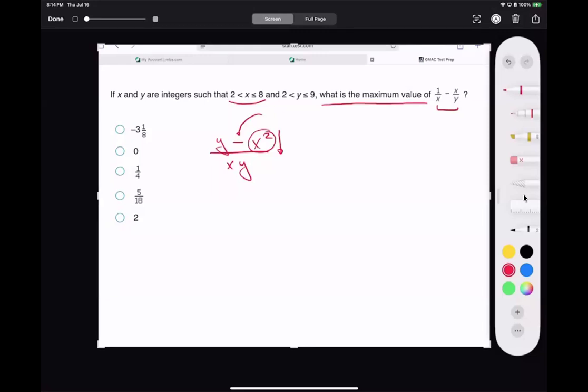Despite x being in the denominator as well, it's squared and subtracting. So I think I want my greatest y. Let's try in this way. 9 minus, you do with 2. I cannot, but you put in a limit and go by there. Is that okay for you guys?